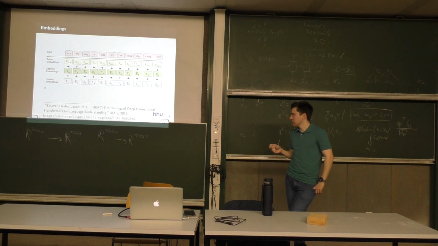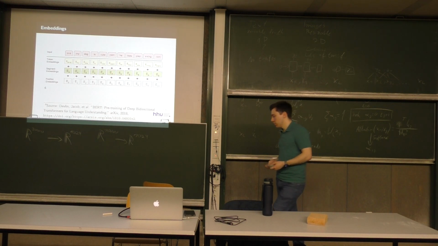Okay, and finally the segment embedding. BERT uses the next sentence prediction pretext task, and this mask tells the network which part belongs to the first sentence and which belongs to the second sentence.